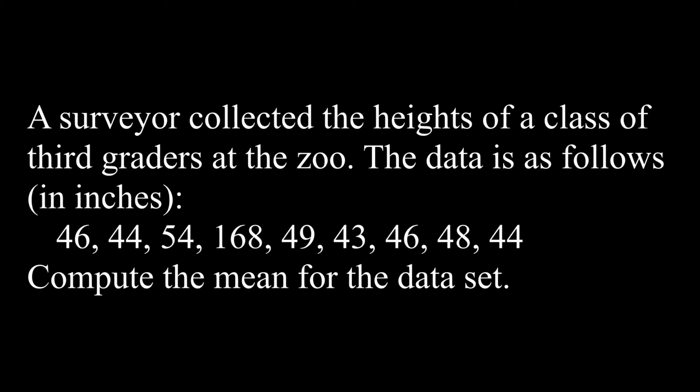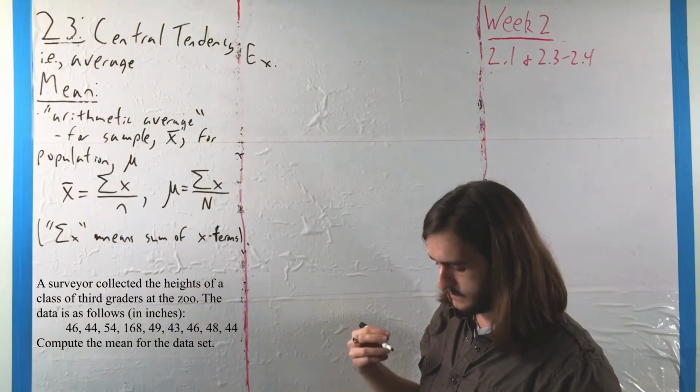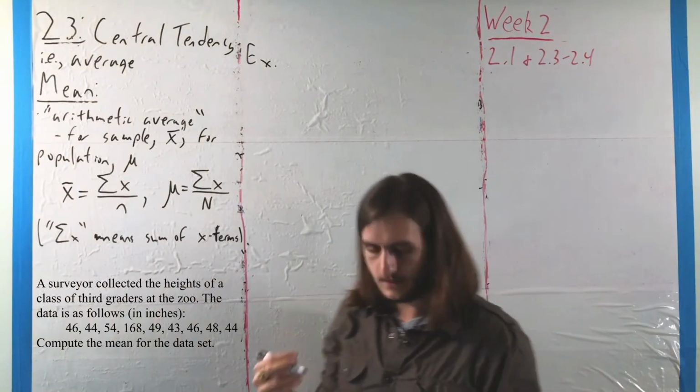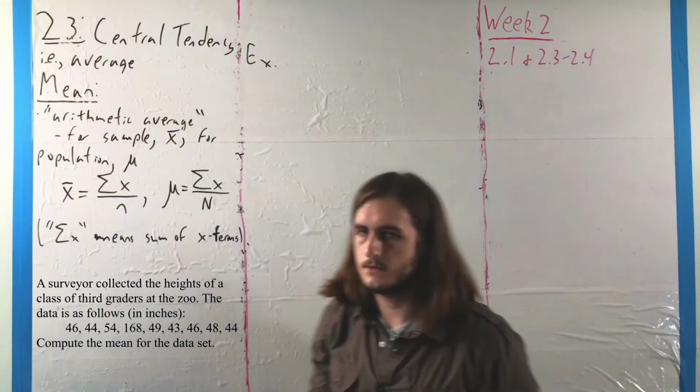We want to take this data set and compute the mean. We're looking at the heights of a class of third graders, so we'll take that as a sample of all third graders.